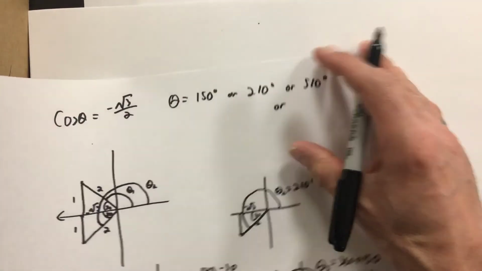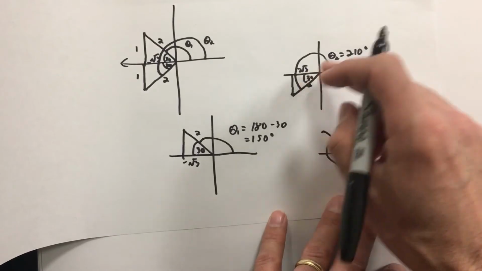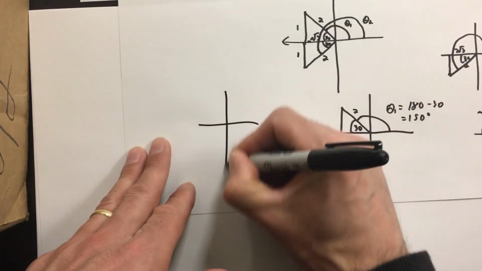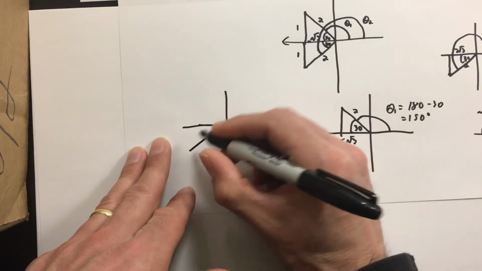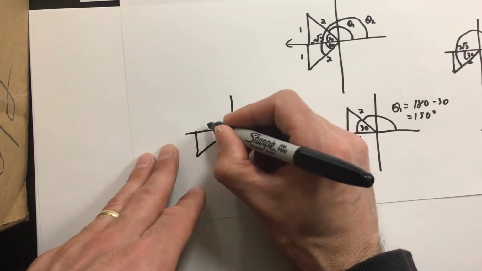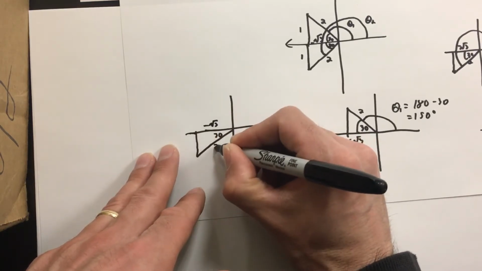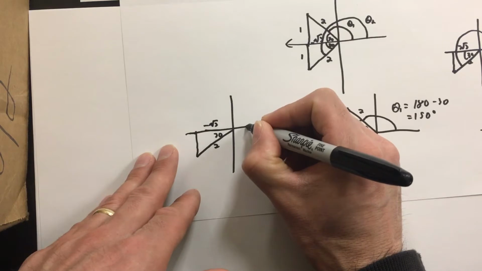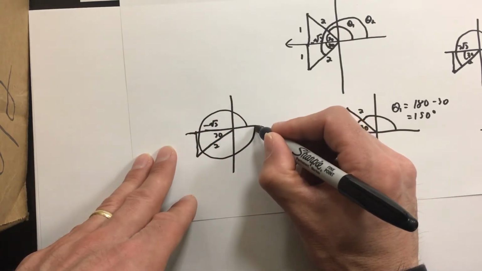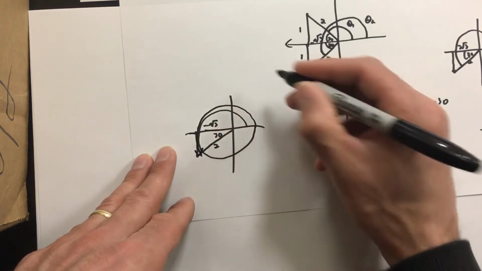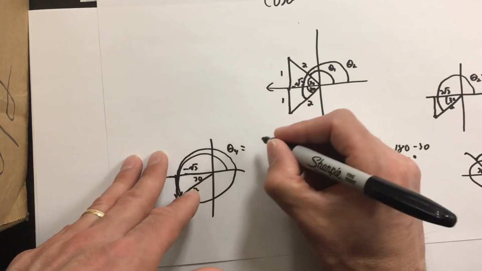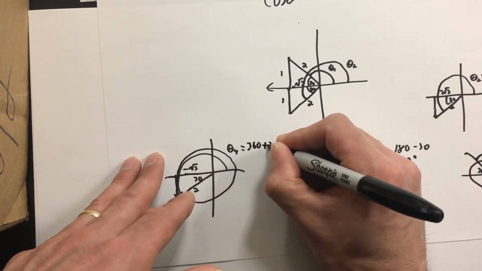And then finally, we can arrive here after doing a full rotation. So remember, that was 30 degrees because that gives us a special triangle where this is negative root 3 and this is 2. A full rotation is 360, plus we're going to add another 210 degrees to bring us there. So our fourth allowable angle is 360 plus 210, which makes it 570 degrees.